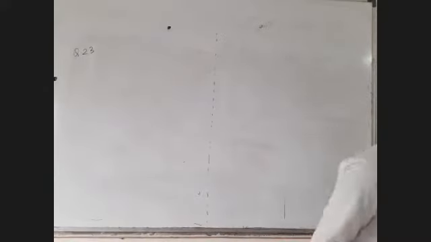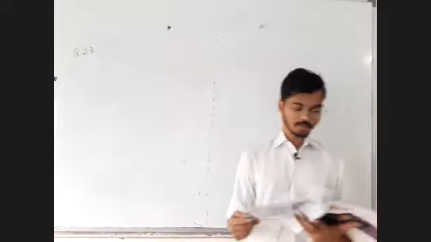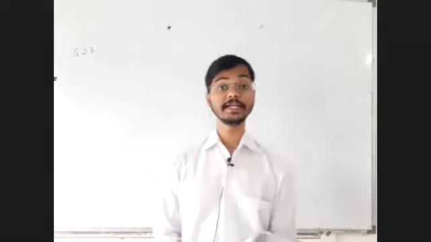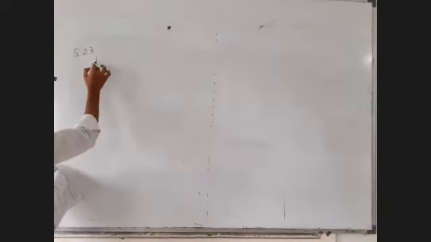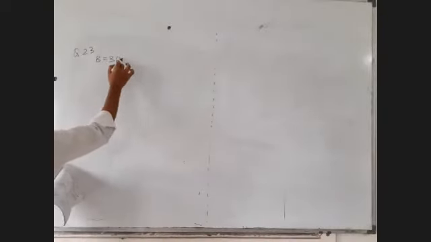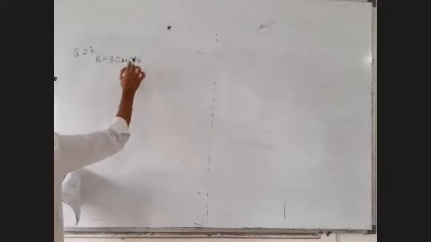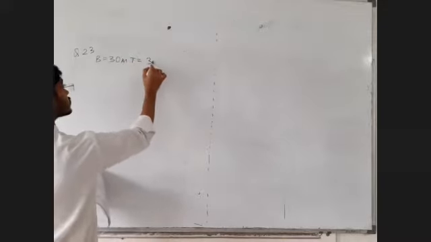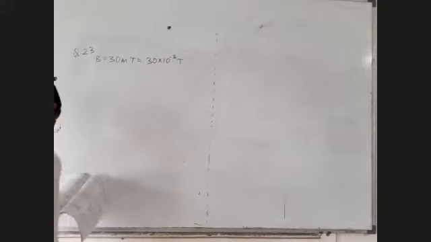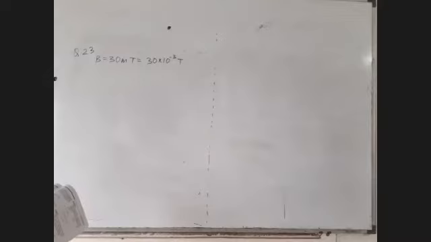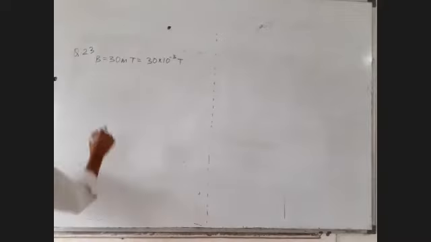Let's check. A uniform magnetic field of 30 millitesla. Milli means 10 raised to minus 3. It exists in the positive x direction.